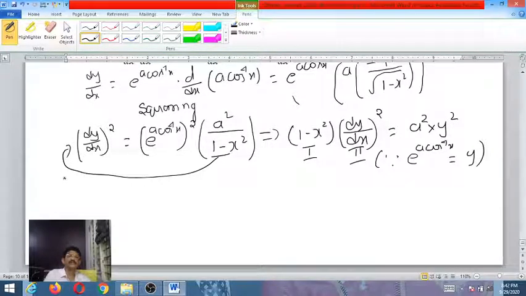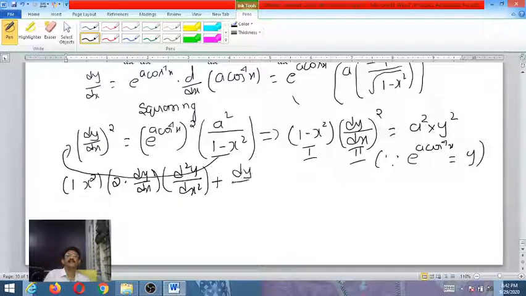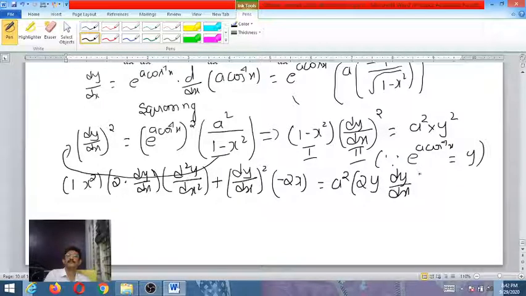The first function is 1 minus x square, into the derivative of dy by dx whole square, which I already told is 2 into dy by dx into d square y by dx square, plus the second function dy by dx whole square into the derivative of the first, which is minus 2x, equals a square is a constant, and the derivative of y square with respect to x is 2y into dy by dx.